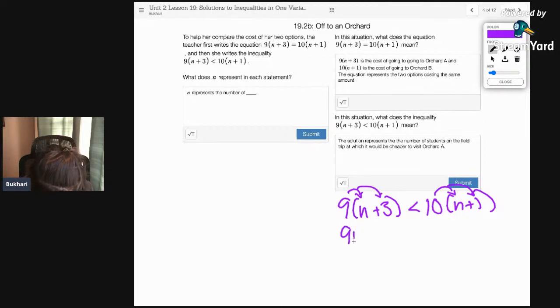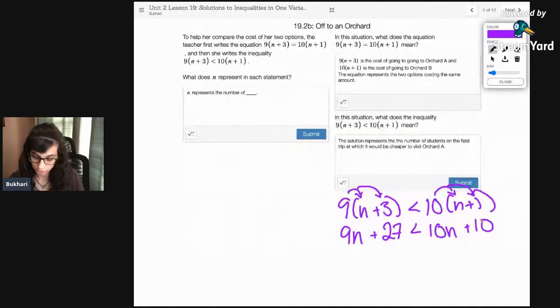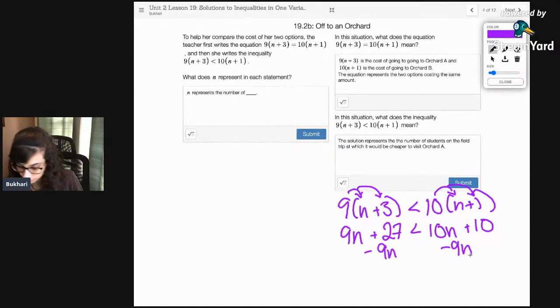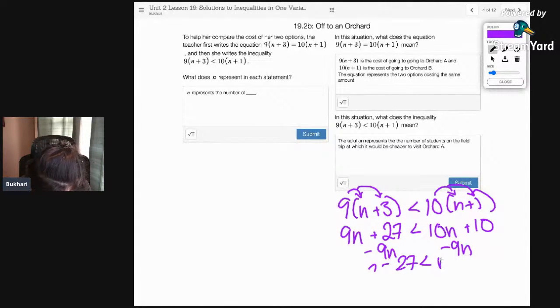We would get 9n plus 27 is less than 10n plus 10. Combine your like terms, subtract 9n on both sides. This gives me 27 is less than n plus 10. And so I will leave you to do the last step and then demonstrate it on the next slide.